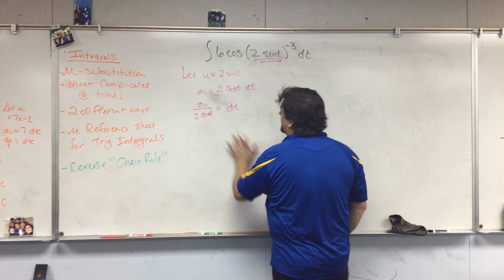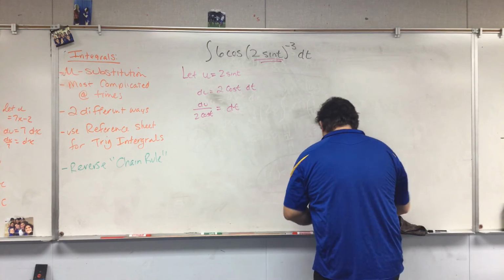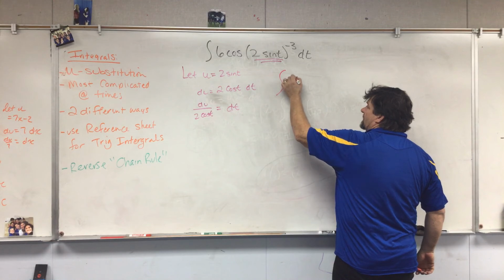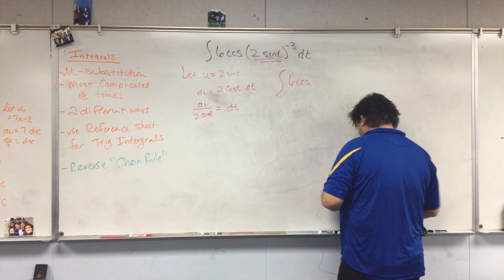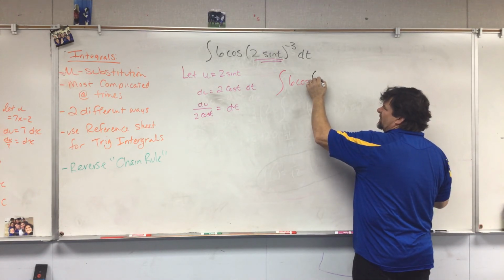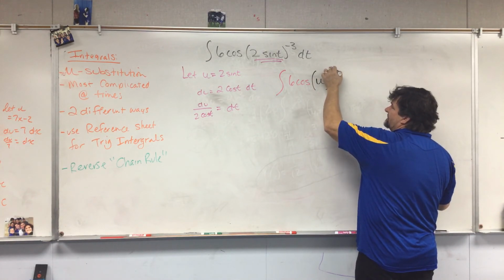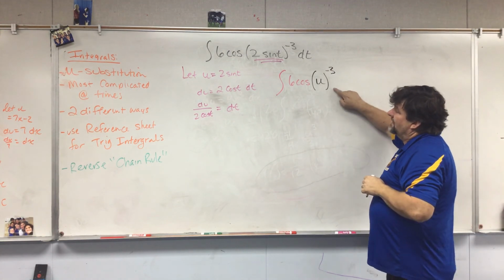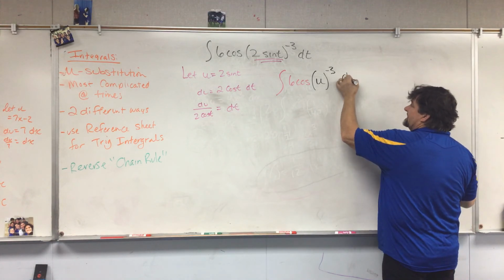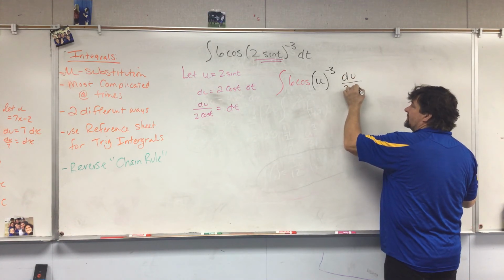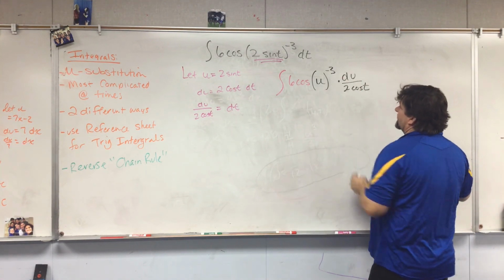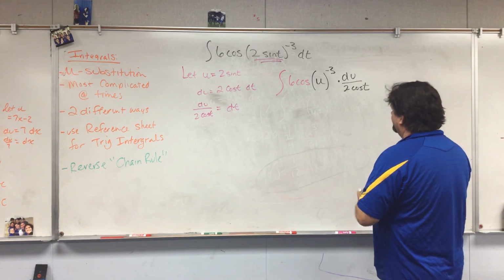Here's my setup. I've got to use this stuff, plug it in. So I'm going to take my integral, 6 cosine t, u to the negative 3, and then at this point, I have dt, which is du over 2 cosine of t. Remember, this is a multiplication out here. So let's clean all this stuff up.